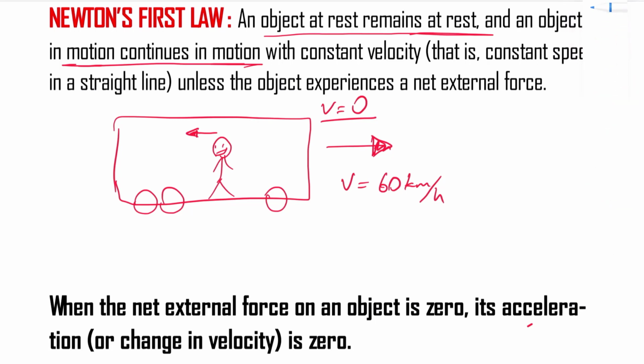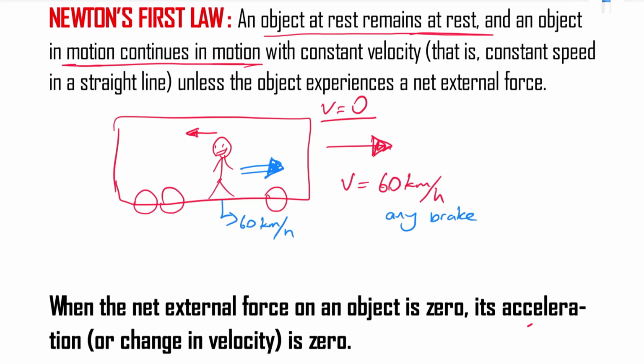If there is any brake or sudden brake, it doesn't matter, the body will tend to move forward. Why? The guy is also moving with the same velocity as the car. So if you apply the brake, the car has a braking system, but the guy inside the car does not have that same braking system. Because of that, the body of the guy will try to move forward.